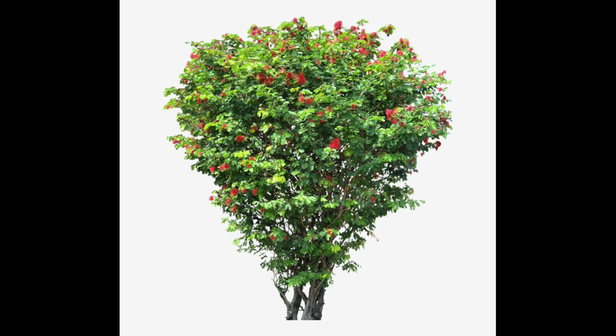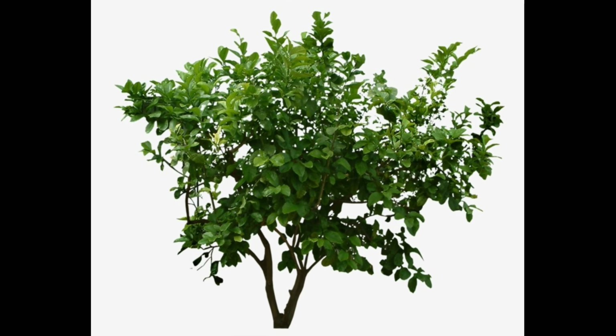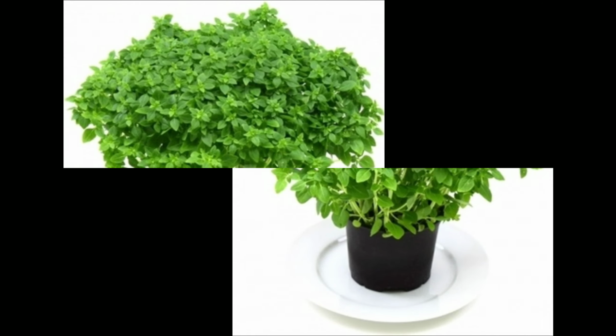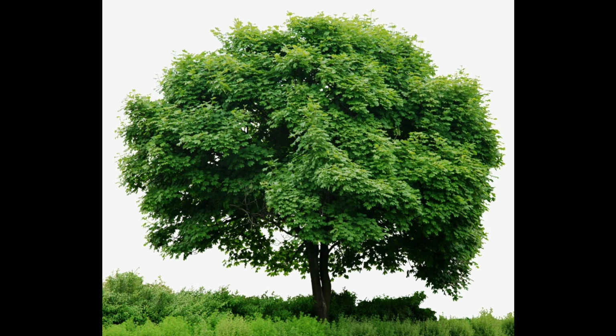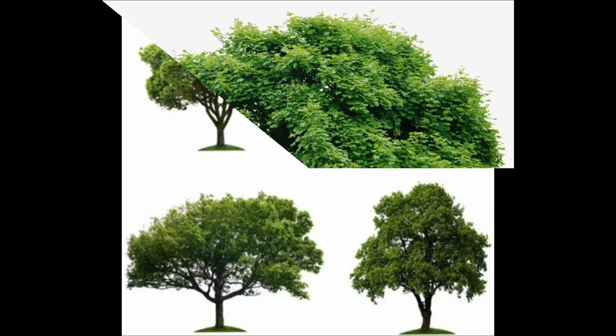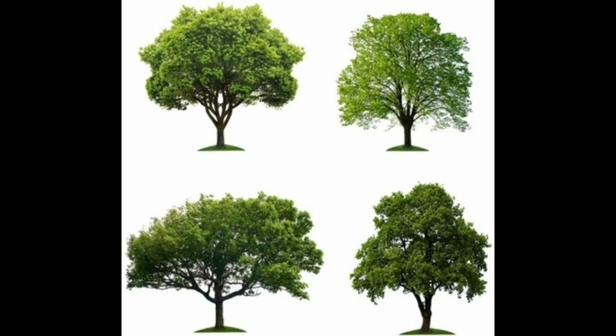Such plants are called trees, that you usually see around yourself, your house or your school. A lot of trees you can see, like mango tree, jackfruit tree, banana tree, banyan tree.